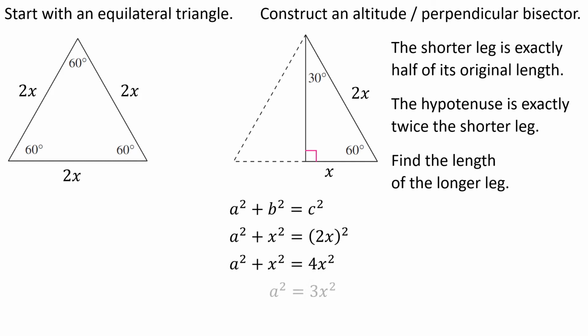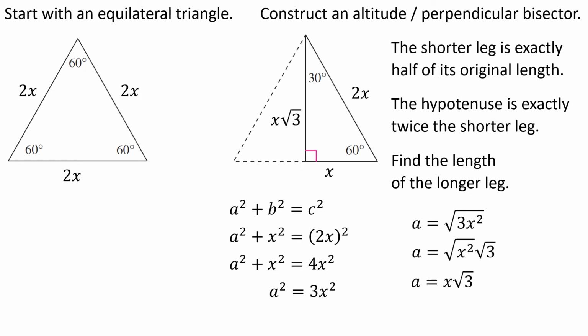So if I subtract x squared from each side, a squared is 3x squared, which means a will have to be the square root of 3x squared. Square root of 3 I'm going to be stuck with, but the square root of x squared is x. Sure enough, if the short leg is x, the hypotenuse has to be 2 times x.